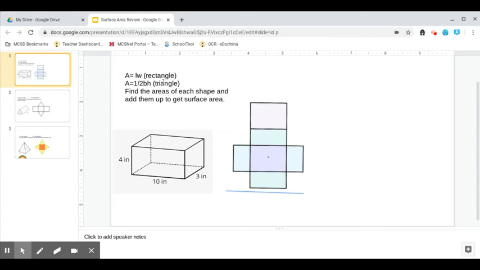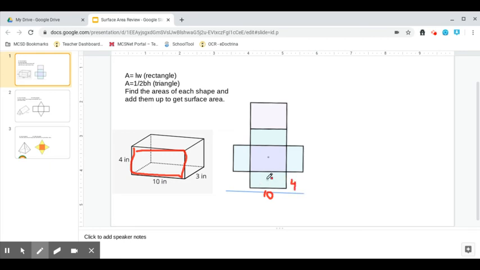For that, you're going to use area as length times width. If you open this up, it's going to look something like this. So I'm going to get my dimensions. If we look at the front right here, this part is 10 across and 4 up.